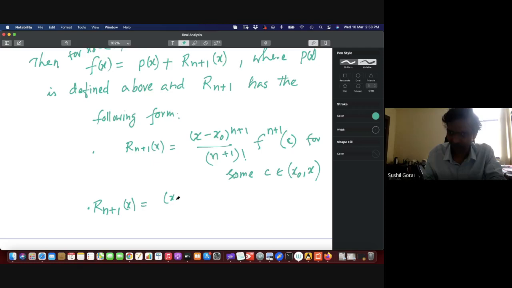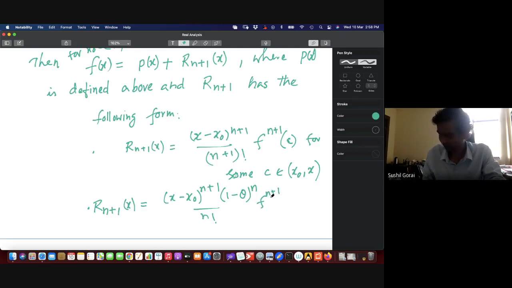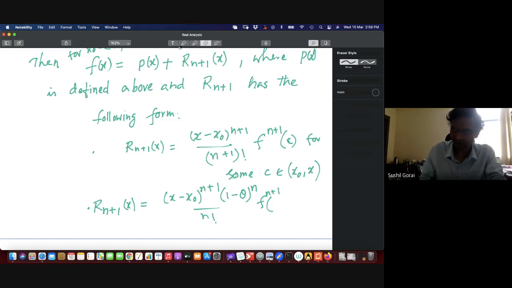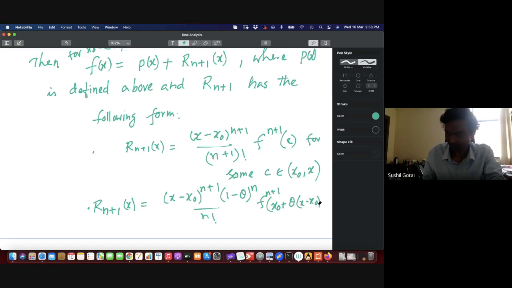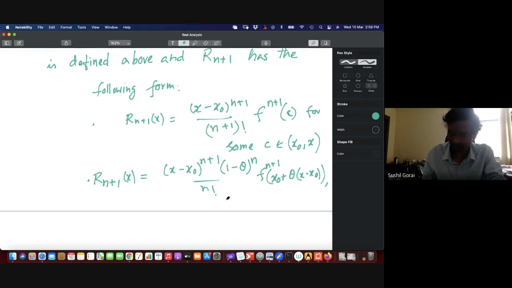So this is (x minus x naught) to the power n+1, times (1 minus theta) to the power n, divided by n factorial, times f^(n+1) of x naught plus theta times (x minus x naught), where 0 is less than or equal to theta less than or equal to 1.